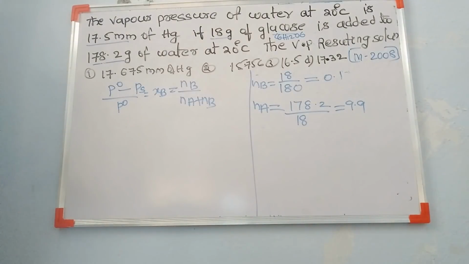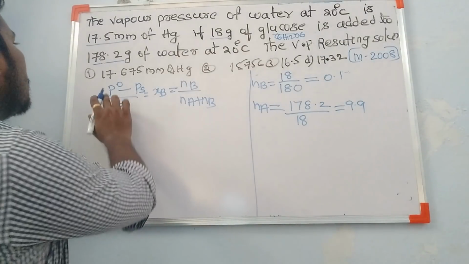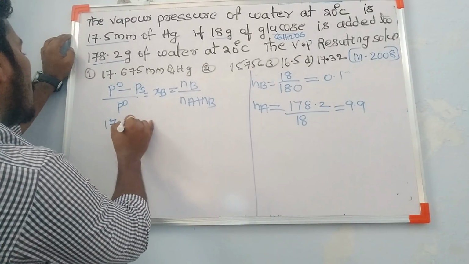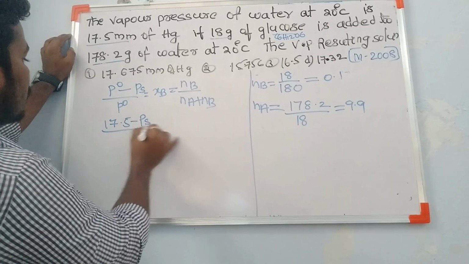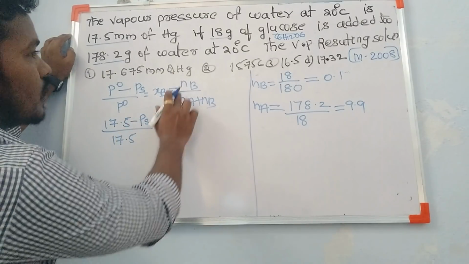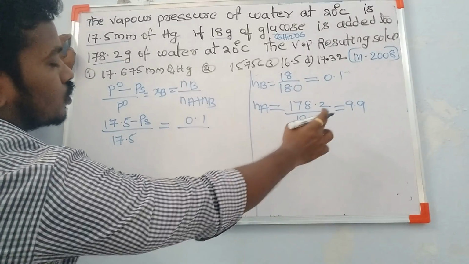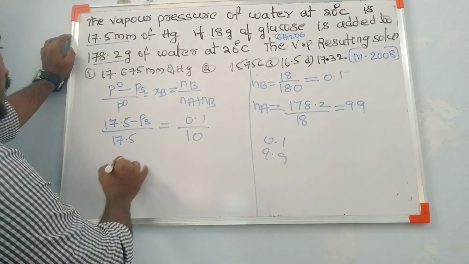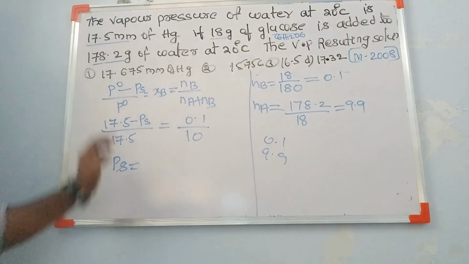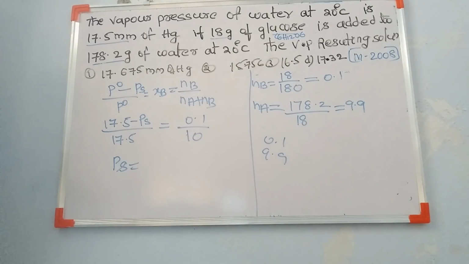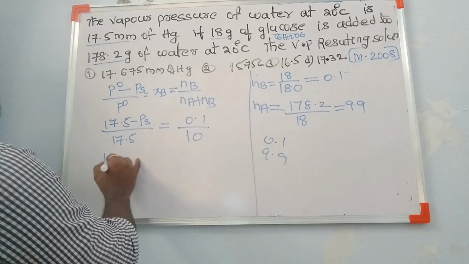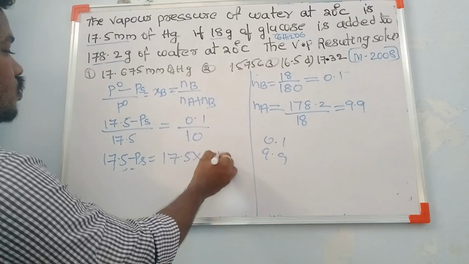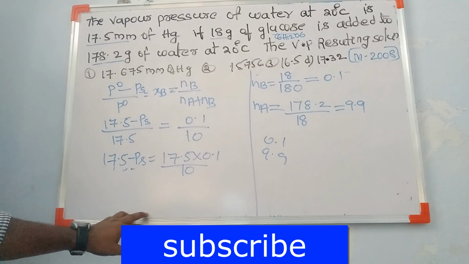After substituting here, P naught is 17.5, and we have to calculate the vapor pressure of the solution. 17.5 minus PS is equal to 17.5 into NB, which is 0.1, by 0.1 plus 9.9, which is NA plus NB, so directly I am writing 10. So how can you get PS?